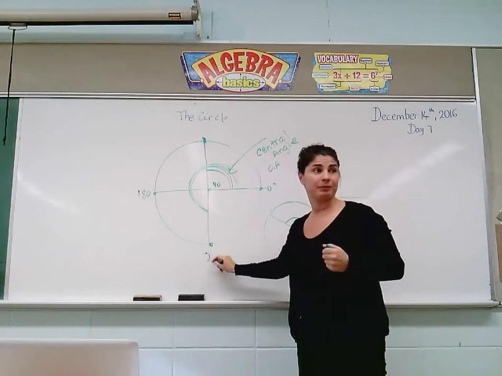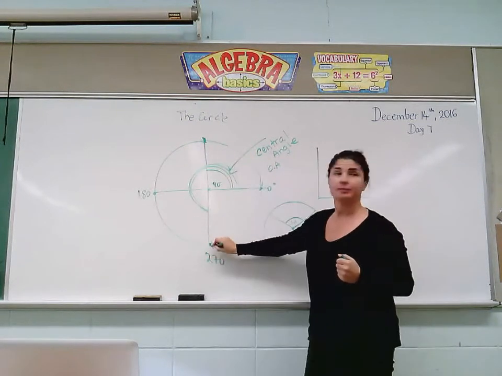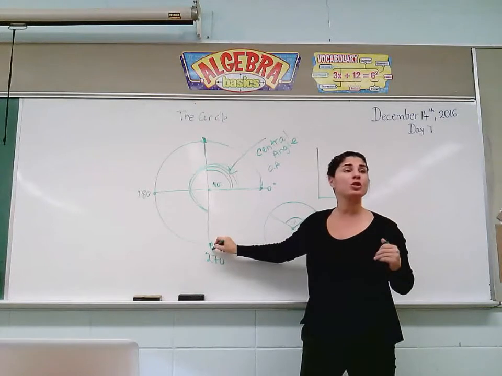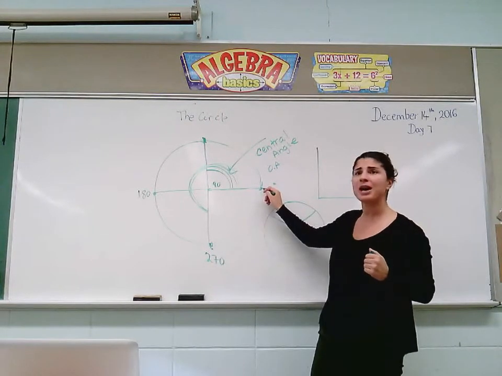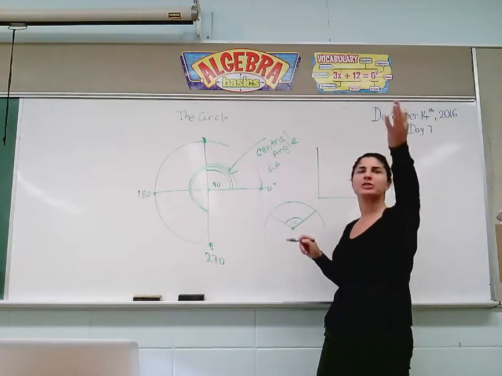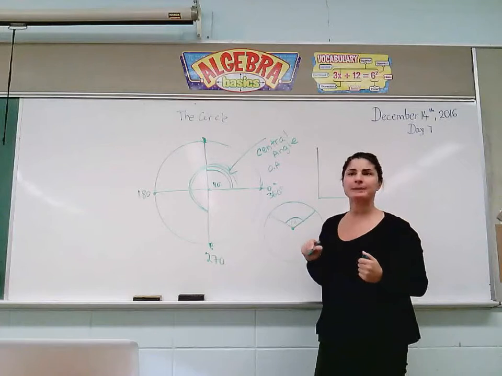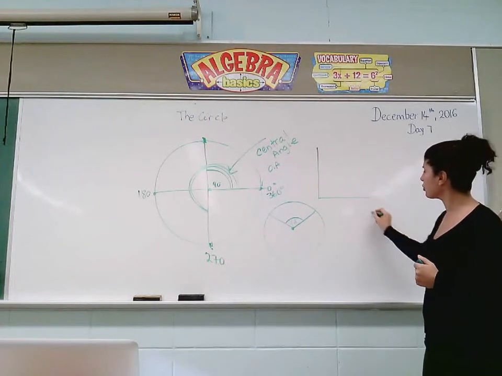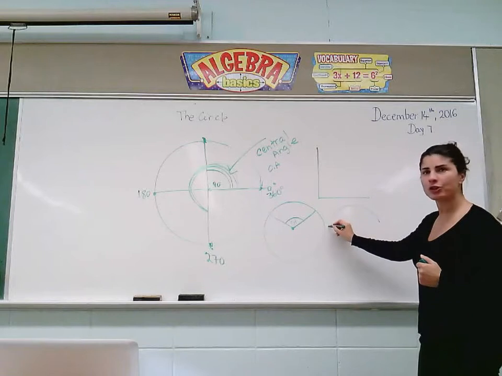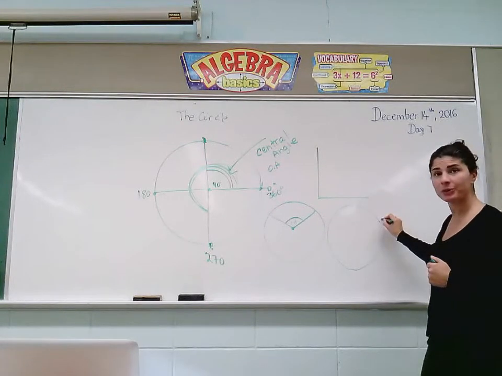I went from here to here. And then I want to close my circle. I want to have a full circle and go all the way and meet up. What's a full circle equal to? 360 degrees. So you've got part of a circle, a half a circle, 3/4 of a circle, and then you've got a full circle at 360.